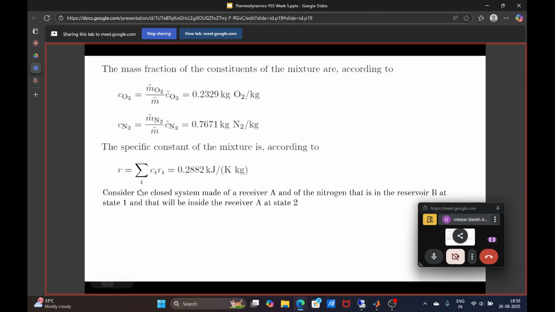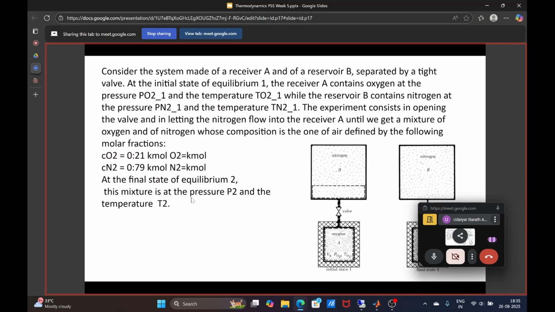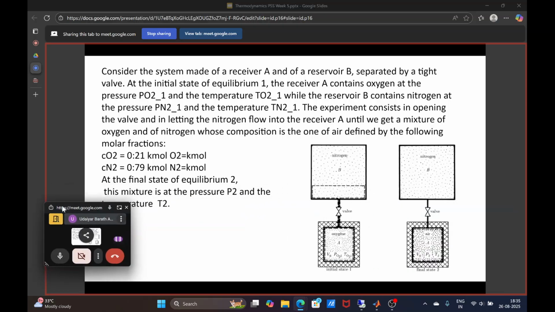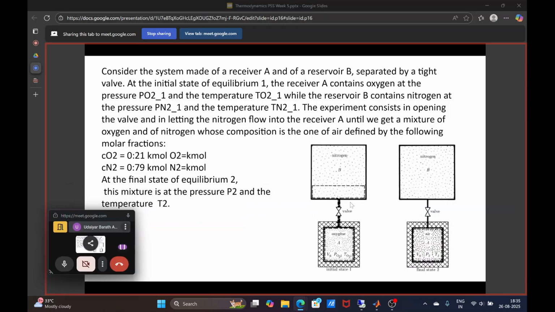So what we are doing is, if you go back to the image here, we are applying a control volume across the tank A where the oxygen is contained, and then the portion of nitrogen which will enter the oxygen tank.